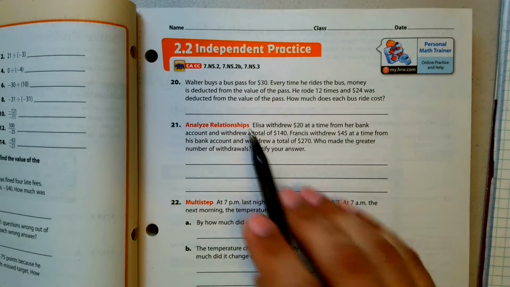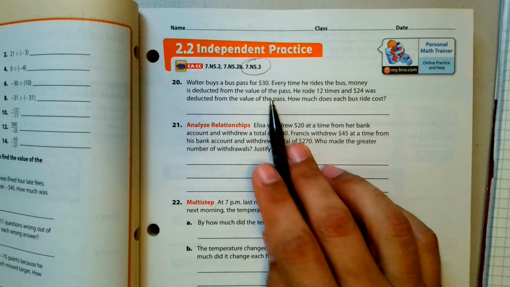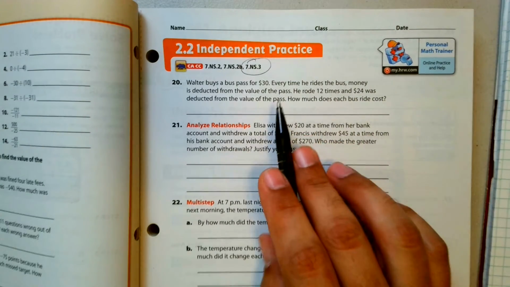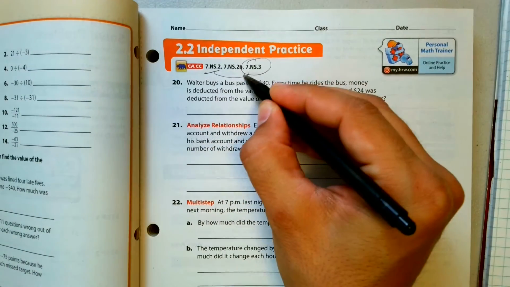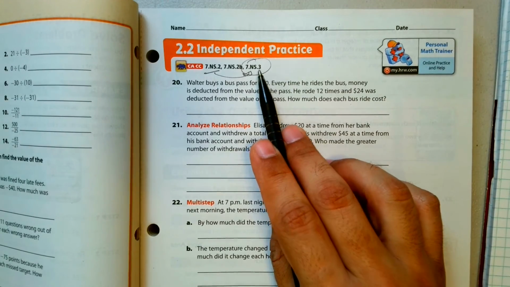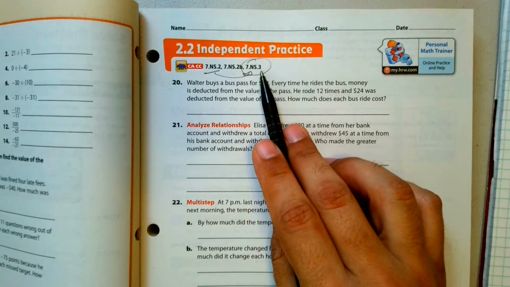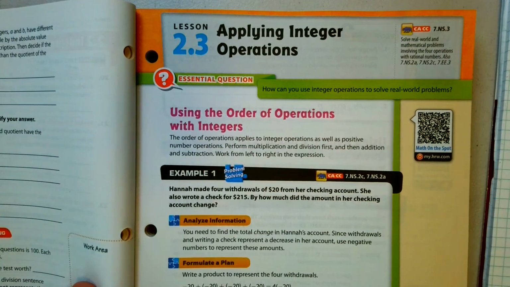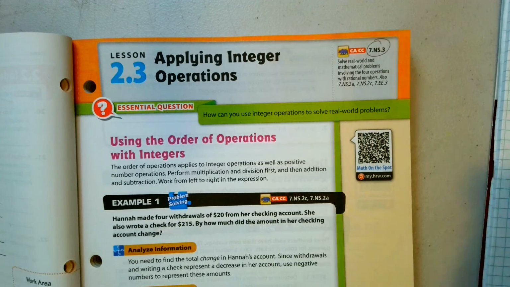The word problems are really more about 7.NS.2, being able to solve word problems dividing positive and negative numbers. They're using this standard to help you practice for this standard, because it has to do with word problems adding, subtracting, multiplying, and dividing positive and negative numbers. From here, we're going to go to lesson 2.3, which again has to do with word problems. So we're going to talk about that next.